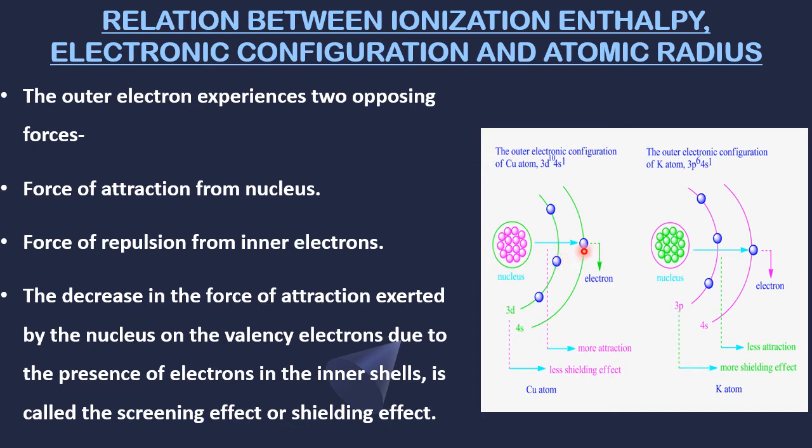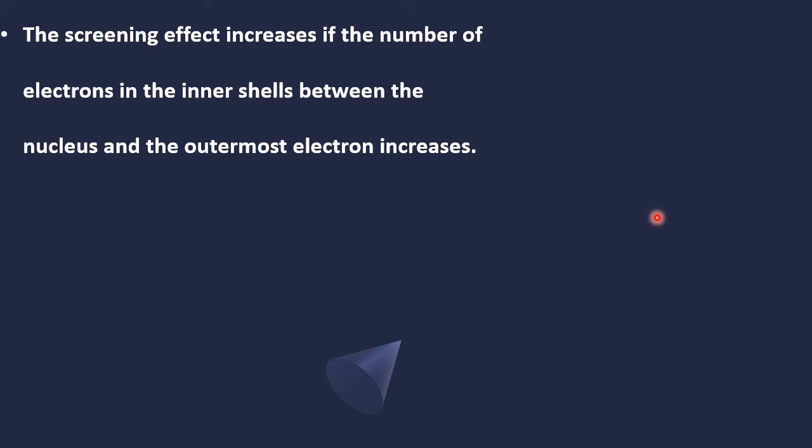Why difficult here? Why less shielding? Why more shielding? The shielding effect increases if the number of electrons in the inner shells between the nucleus and the outermost electron increases. That means now you have to concentrate on the outermost electron. Before the outermost electron, you have to count how many inner electrons are there.